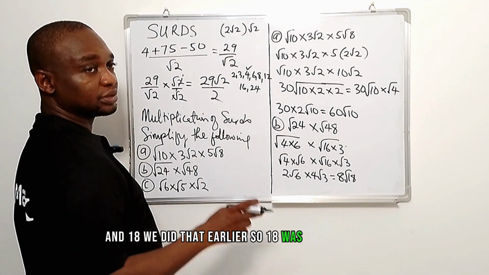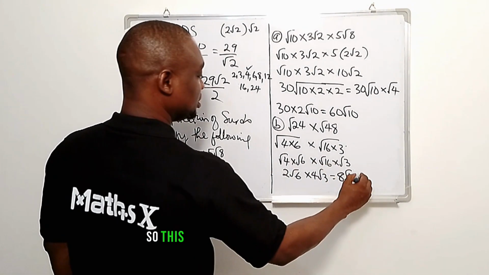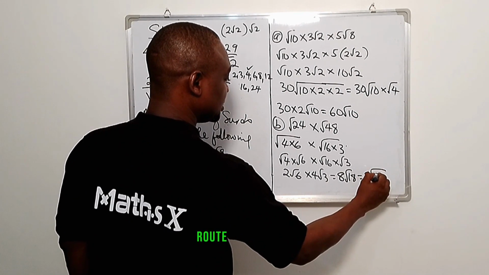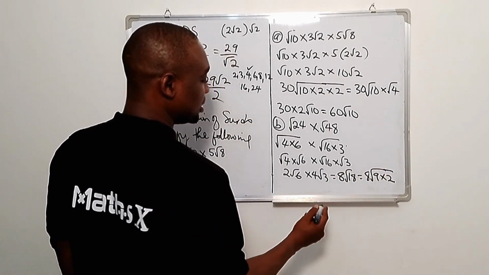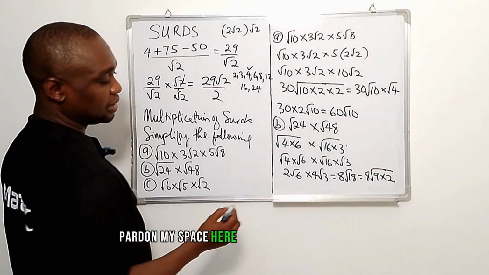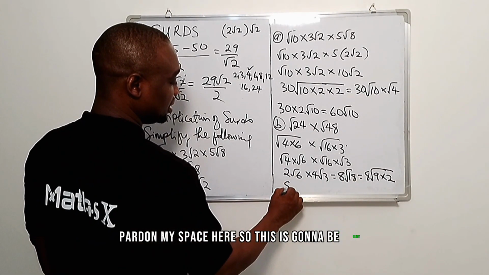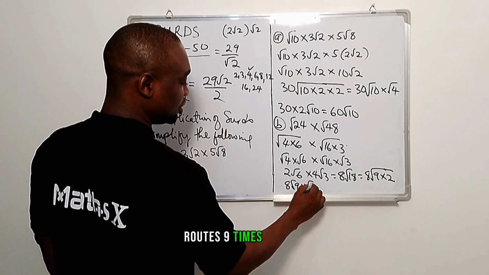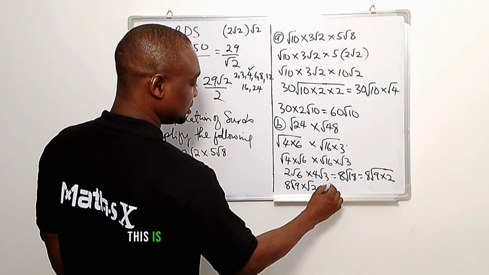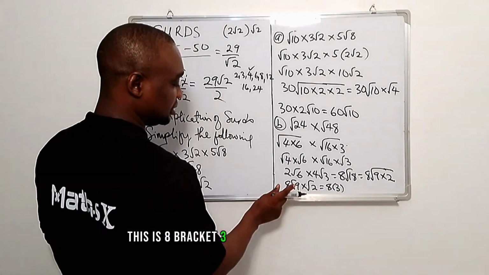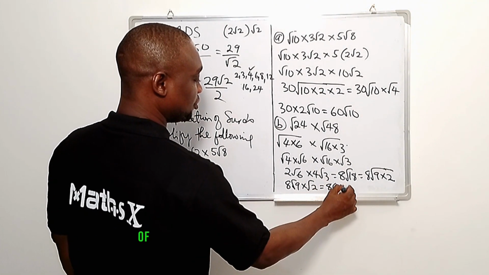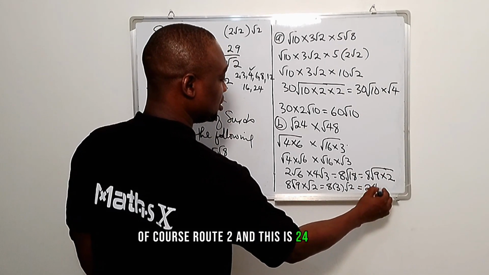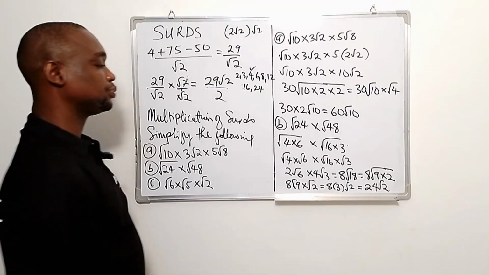So 18 was 9 times 2. So this is giving us 8 root 9 times 2. So this is going to be 8 root 9 times root 2. This is 8 bracket 3. The square root of 9 is 3. Of course, root 2. And this is 24 root 2.